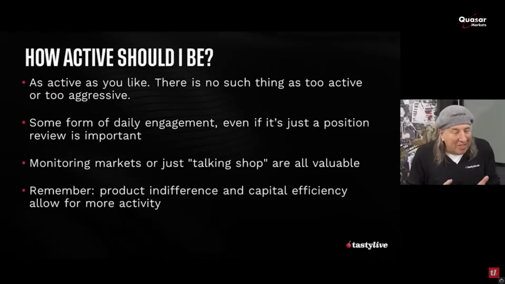The great thing about futures and futures options is they are almost all not correlated to equities except the indexes. That gives you all these other choices and all of them are capital efficient. So again, in your head, be product agnostic, be product indifferent, be strategically indifferent, be capital efficient. All of those allow for more activity.